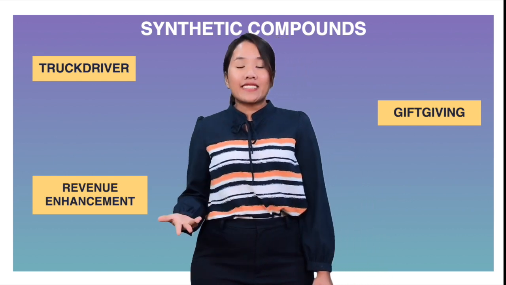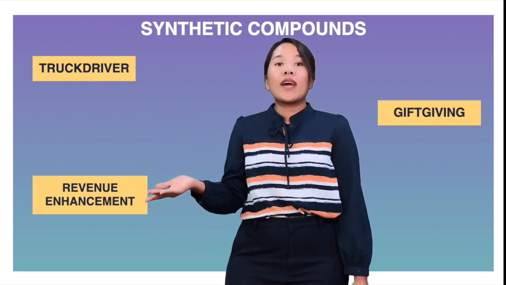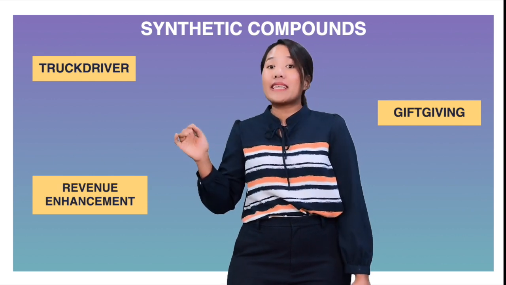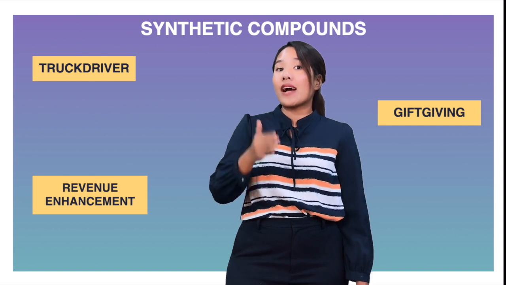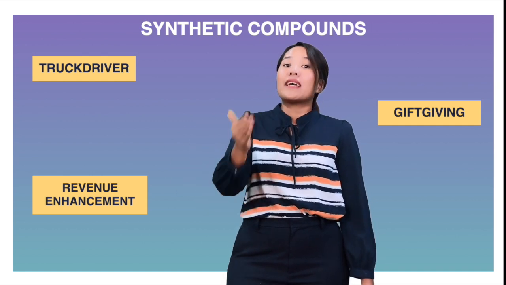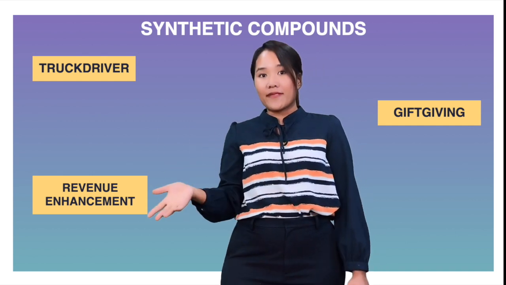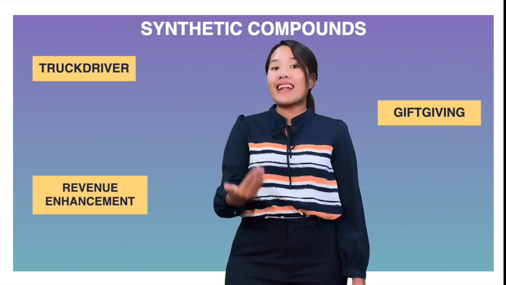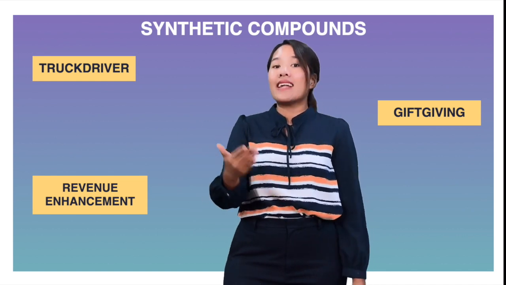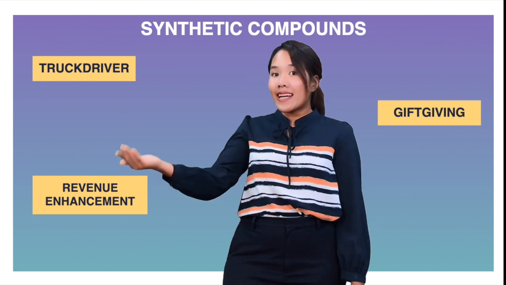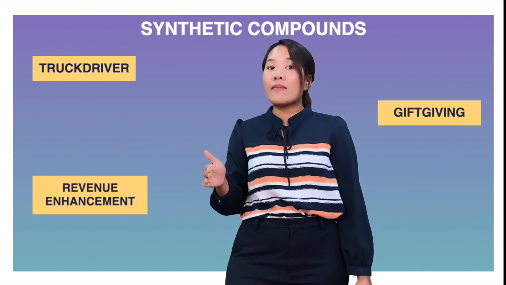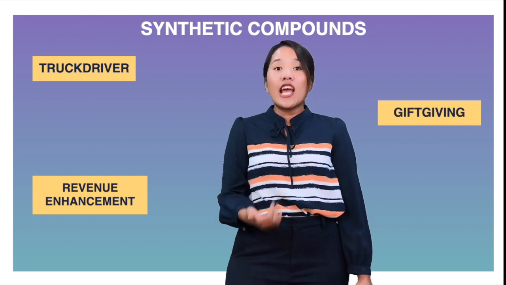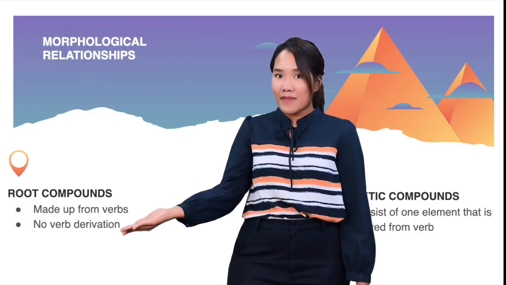Or in the case of gift giving, giving comes from give, and then we add the derivational morpheme ing to make the verb give into the noun giving. Or revenue enhancement: for the element enhancement, we have the verb enhance first, and then it is attached to the derivational morpheme ment to derive the noun enhancement.